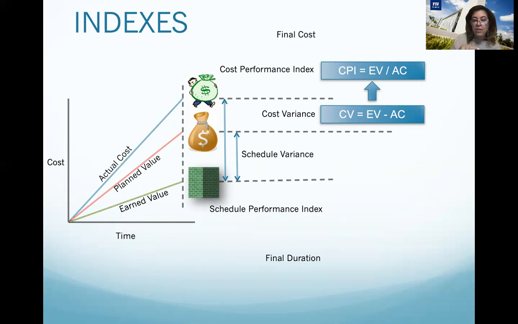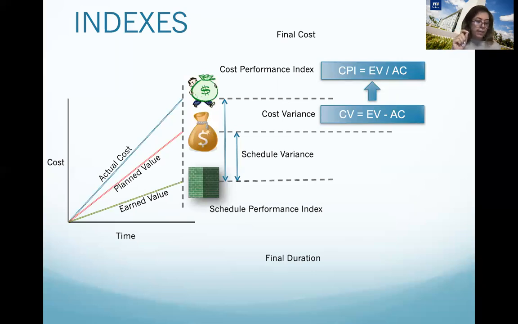The variance is just a subtraction, and the performance indexes are ratios, so you have to divide the earned value by the actual cost. This is considered the most critical EVA metric, earned value analysis, and it measures the cost efficiency for the work completed.